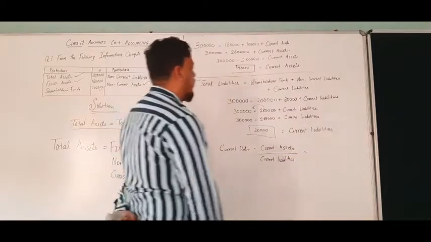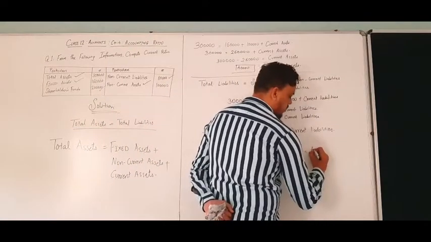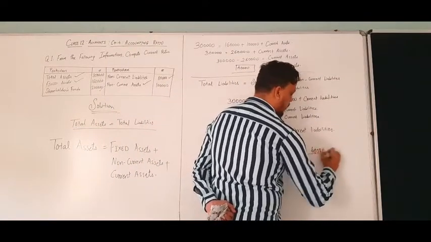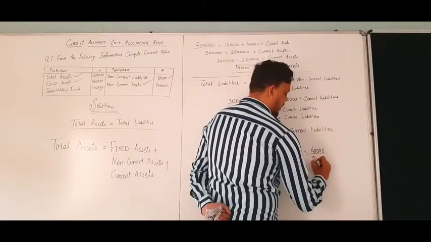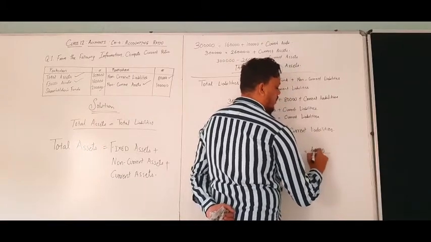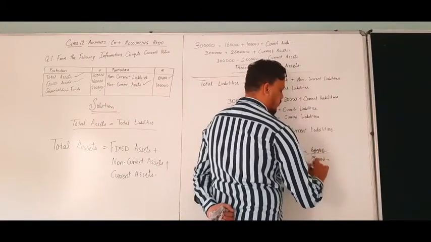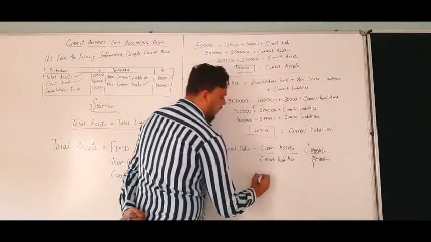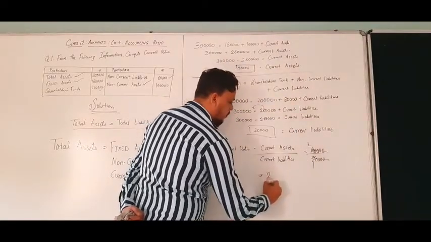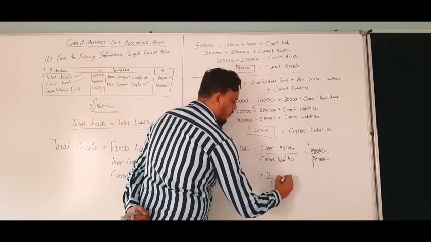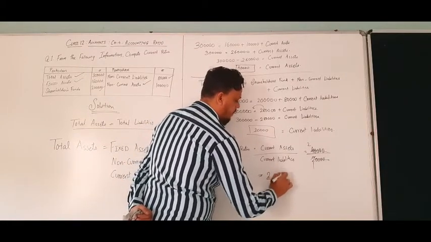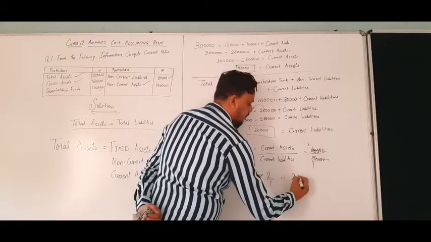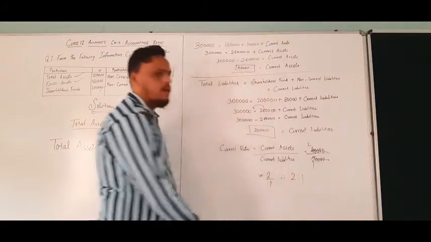As we found current assets as 40,000, write it here, 40,000, and current liability we found as 20,000. All zeros will cancel, 2 ones are 2, 2 twos are 4. Therefore, our current ratio will be 2 upon 1. Therefore, the ratio will be 2:1.